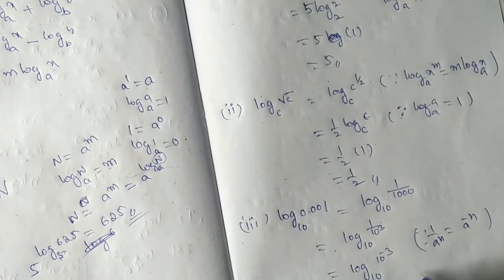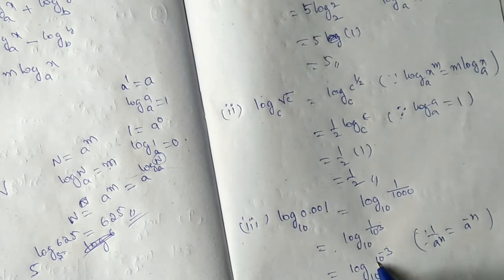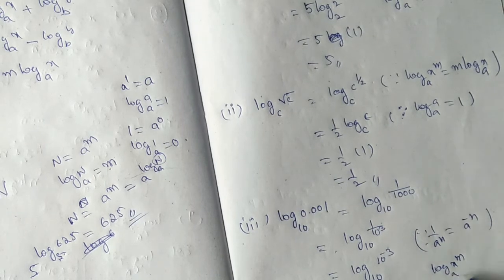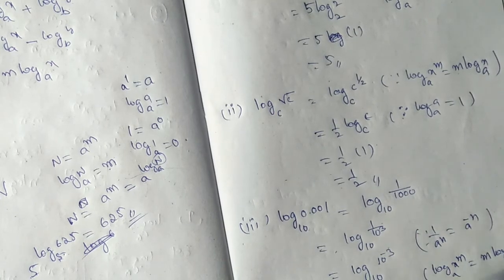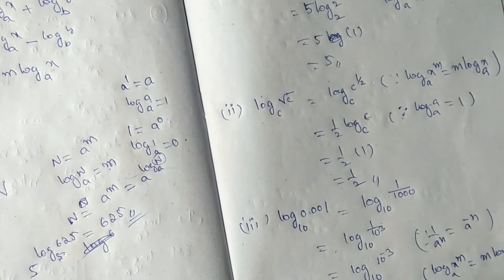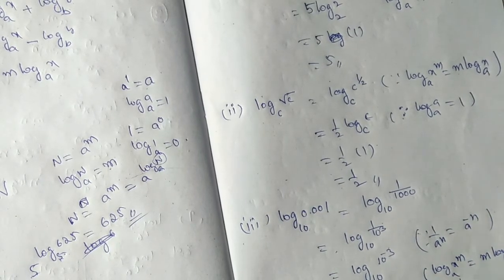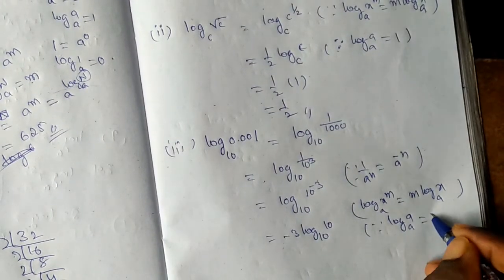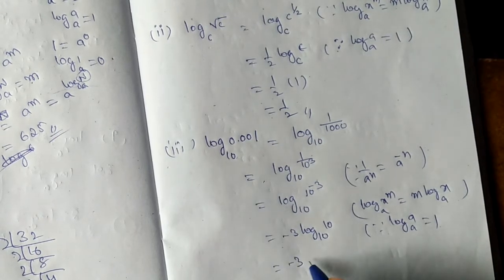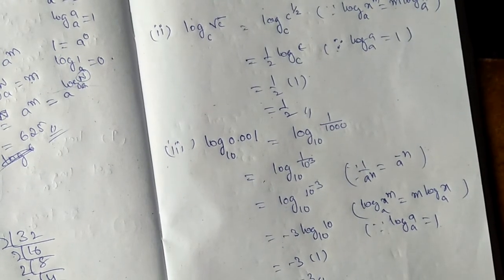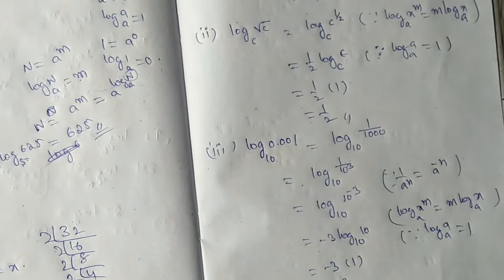Using log x to the power of m base a is equal to m log x base a, we get minus 3 log 10 base 10. Here log a base a is equal to 1. So minus 3 into 1, that is equal to minus 3. What is the answer? Minus 3. The fourth problem you have to do yourself.